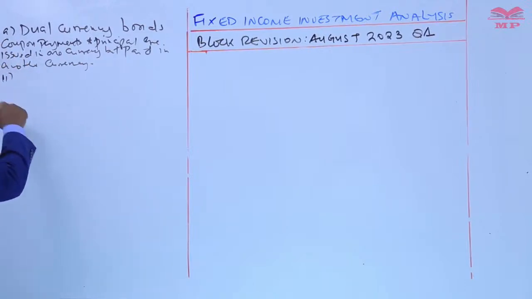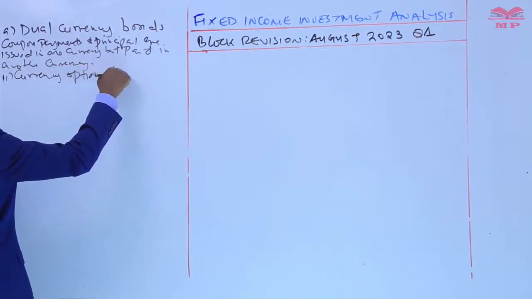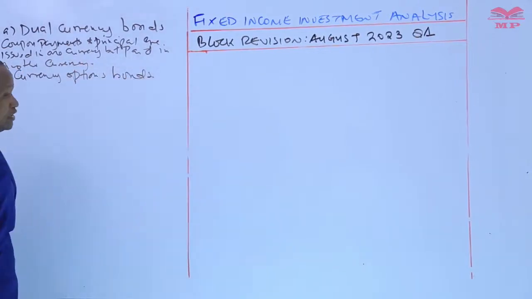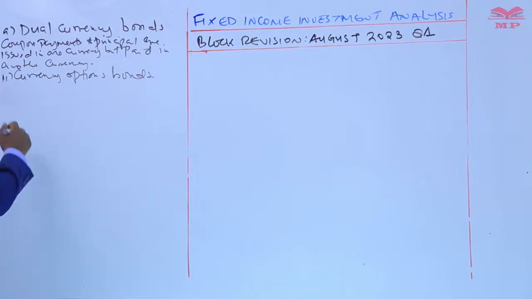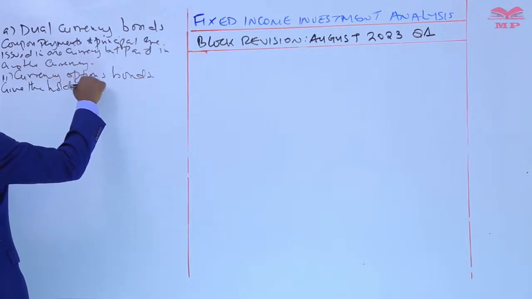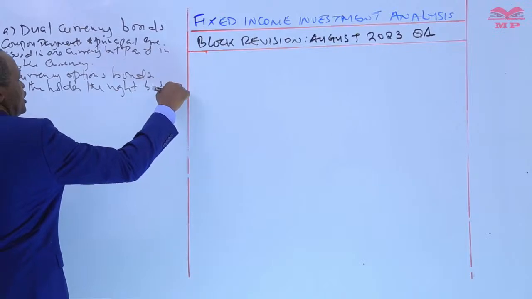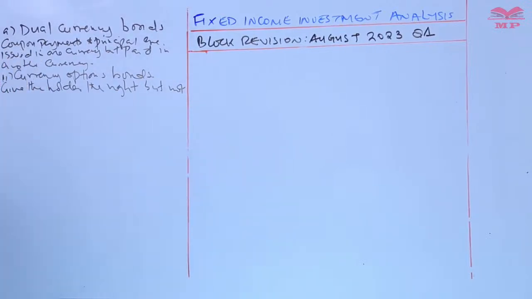Number 2, we have the currency options bond. These bonds give the holder the right but not the obligation to do what?